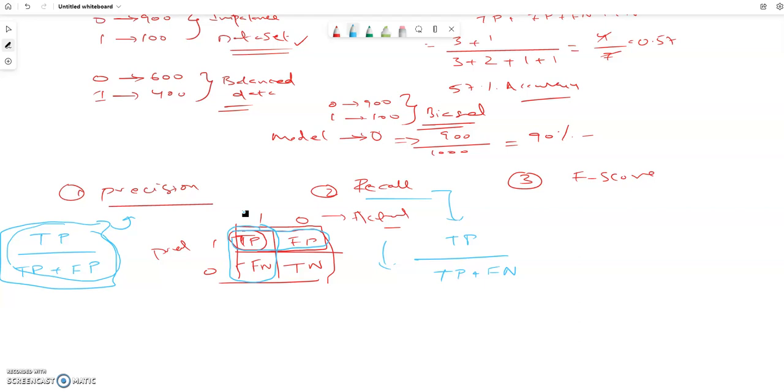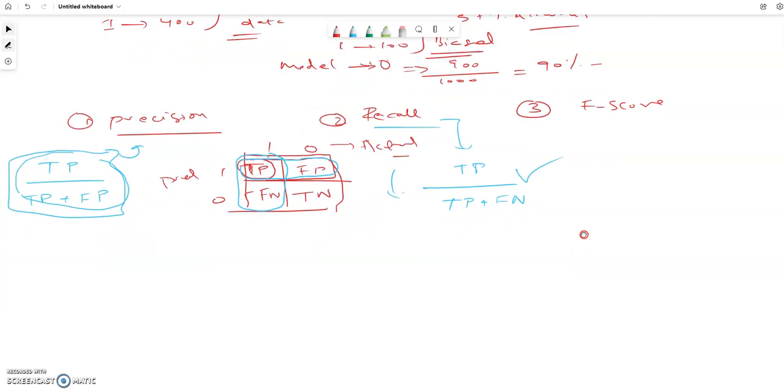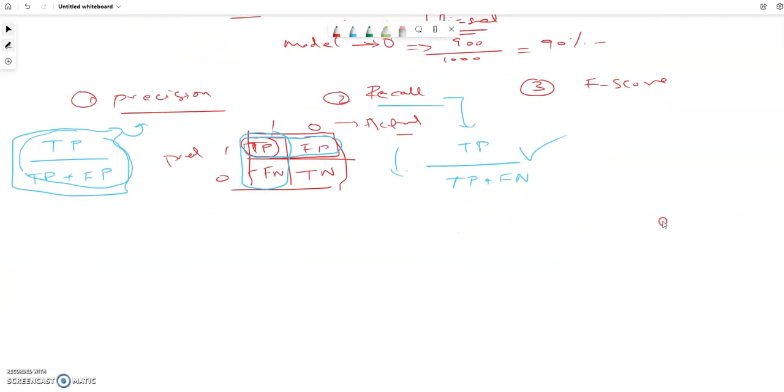That means recall should be as high as possible. Now, let's talk about accuracy. From all classes, positive and negative, how many of them have we predicted correctly? So accuracy should be as high as possible, right?